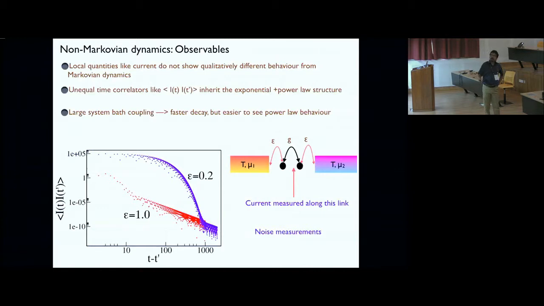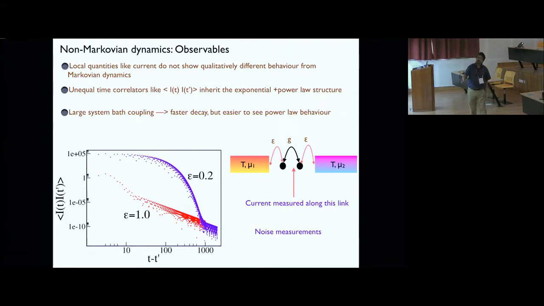Okay, what about observables? So if you look at something like current, you don't see this, simply because it's a local quantity. In Fourier mode, it's all integrated over frequencies, so you don't see this. However, if you look at unequal time correlators like current correlators, etc., they inherit this structure because they're nothing but products of Green's functions.